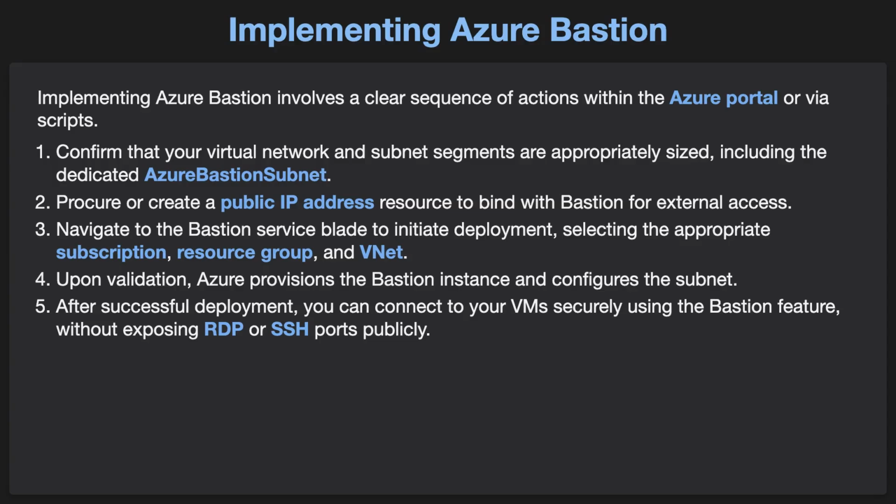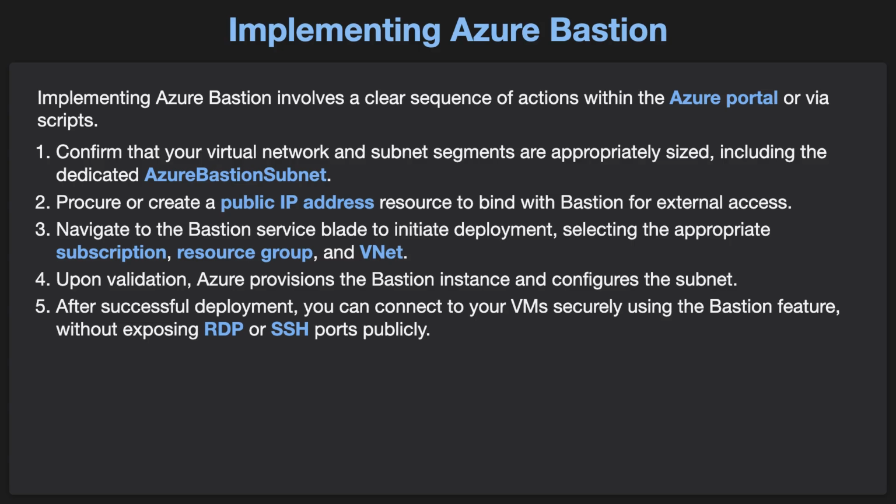Implementing Azure Bastion involves a clear sequence of actions within the Azure portal or via scripts. First, confirm that your virtual network and subnet segments are appropriately sized, including the dedicated Azure Bastion subnet. Next, procure or create a public IP address resource to bind with Bastion for external access.